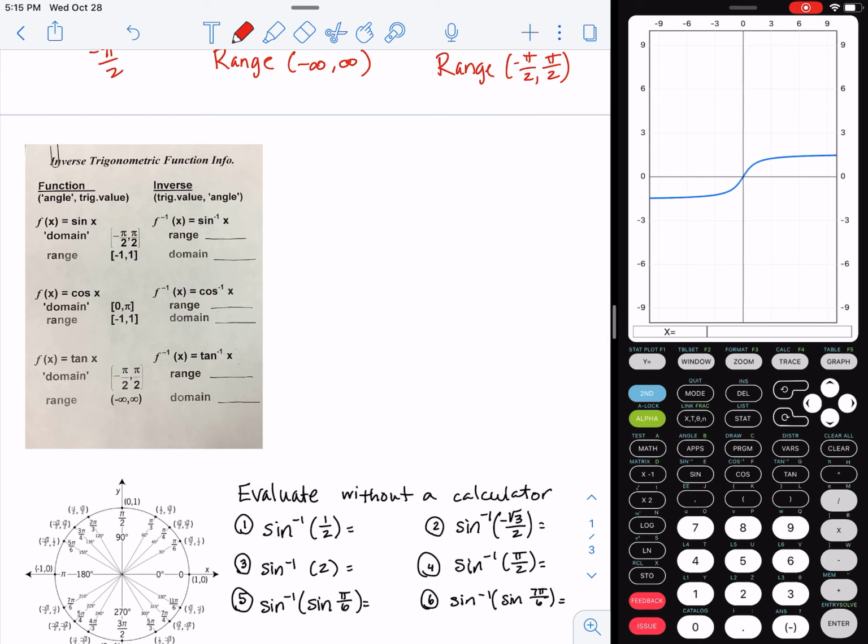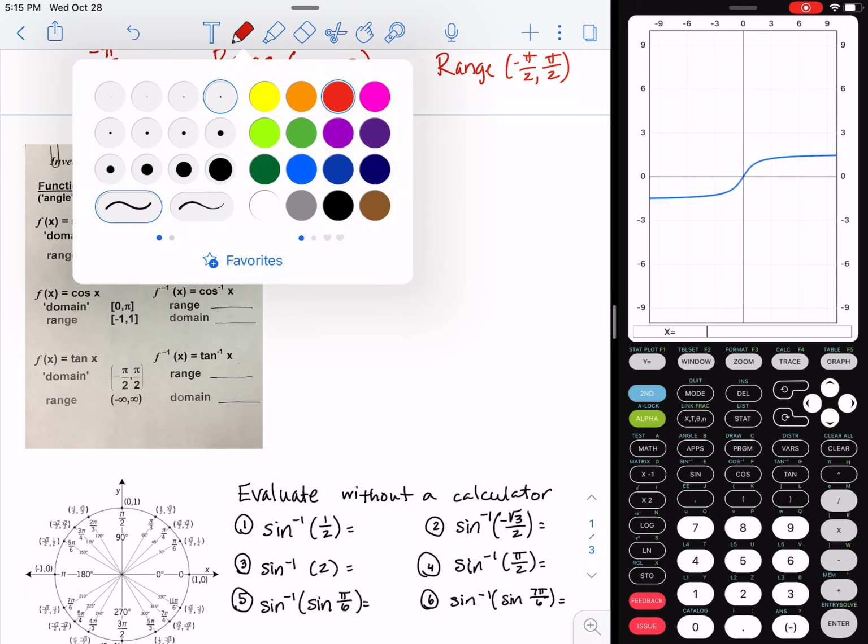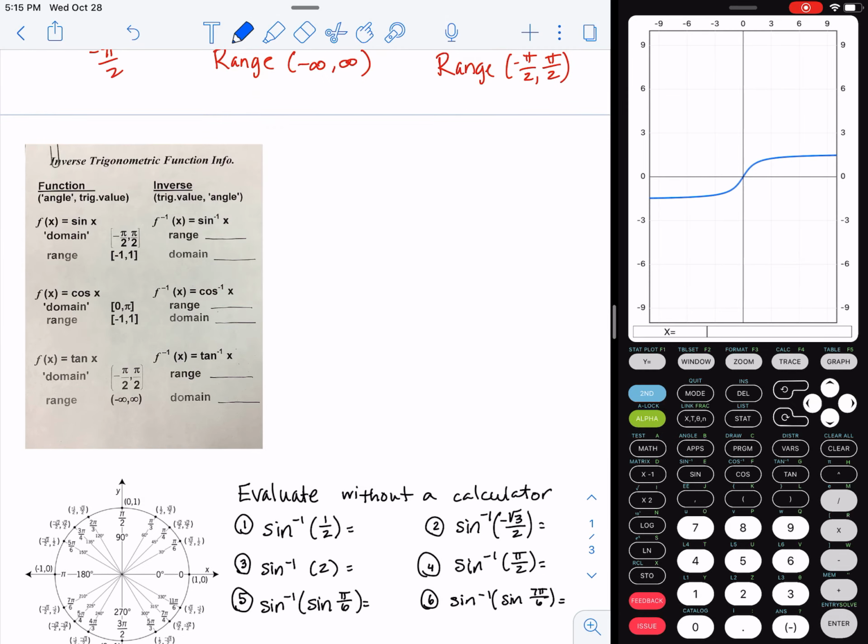So what you'll notice is that the domain for the sine becomes the range for the arc sine. And the range becomes the domain, okay, when you do the inverse.